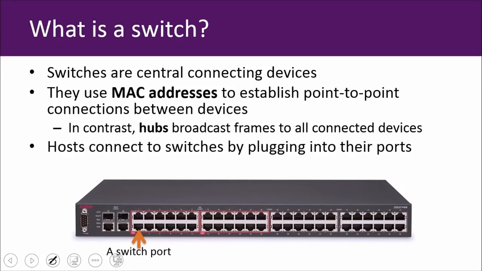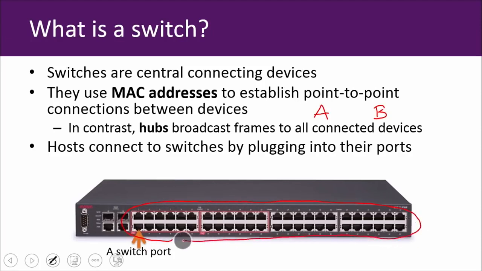Switches use MAC addresses to establish point-to-point connections, and what this means is that if we have device A and it wants to send data to device B, it can send it directly to that device, right? It doesn't have to broadcast all that information to all other devices that happen to be connected to a switch.